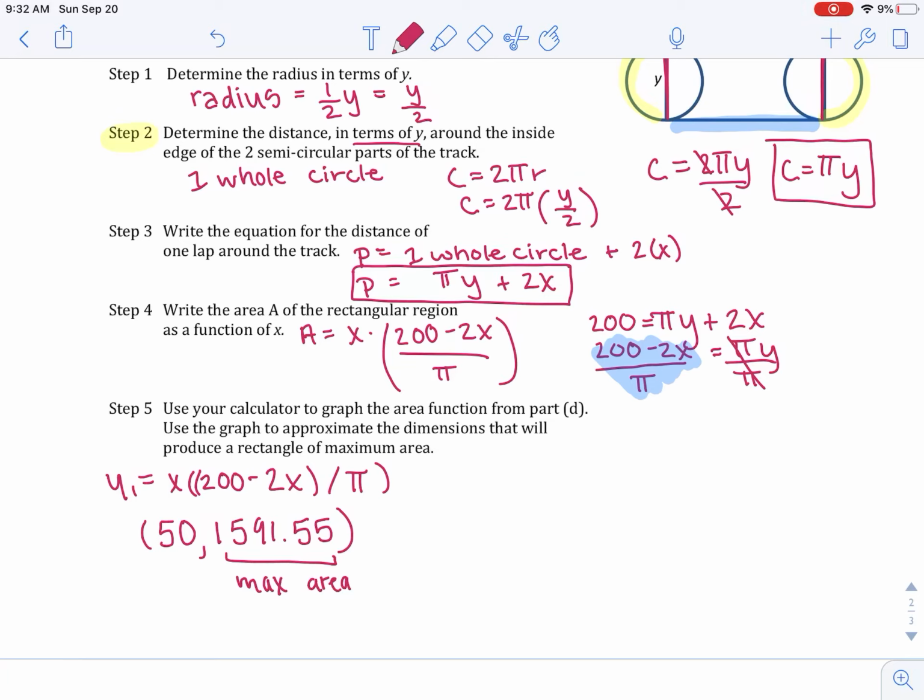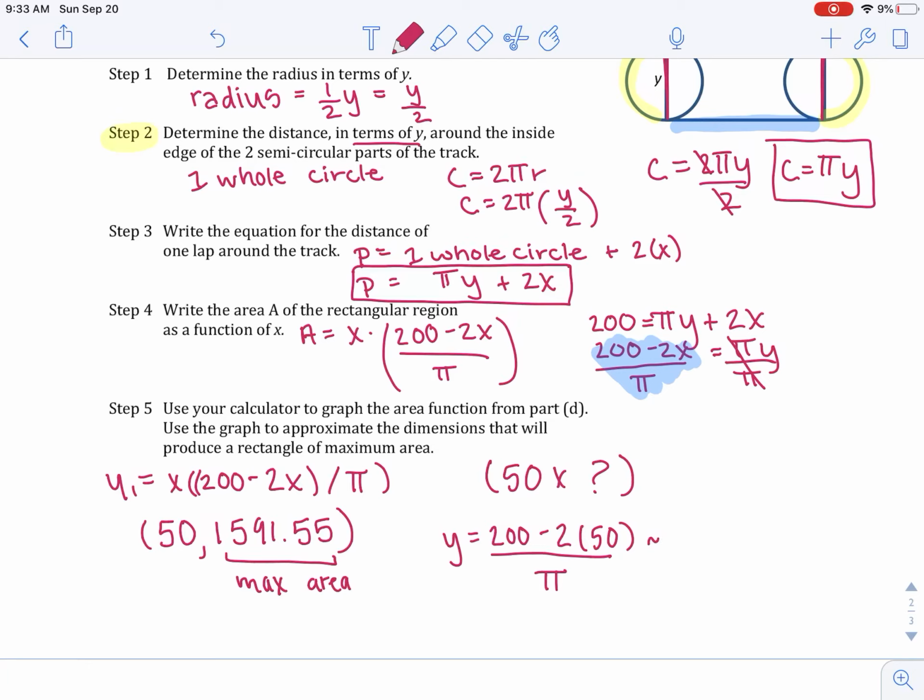I want to know what are the dimensions to produce it. Okay, so I know I'm going to take the 50, but I need to know what is the other dimension that goes with it. Well, you have an equation that says y. On step 4, we had that equation of y equals 200 minus 2x, which is 50, all over pi.